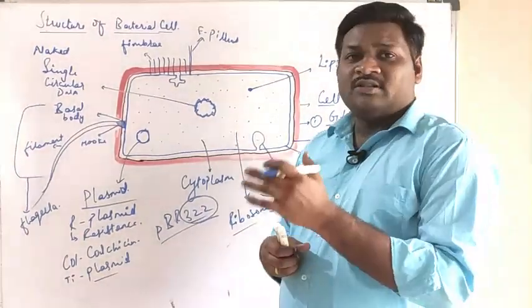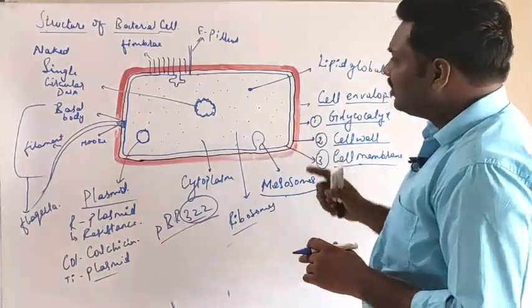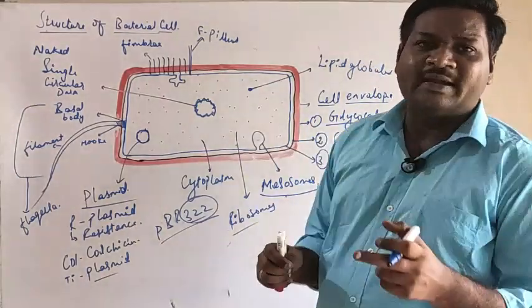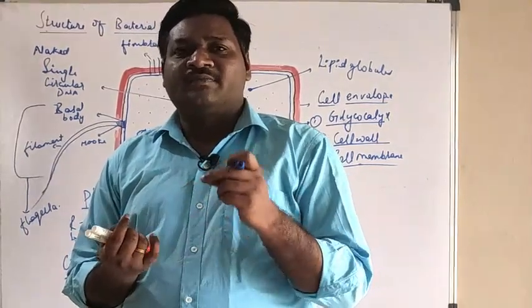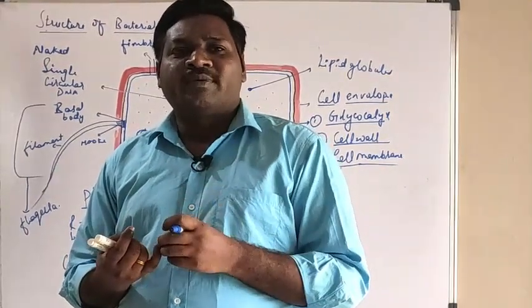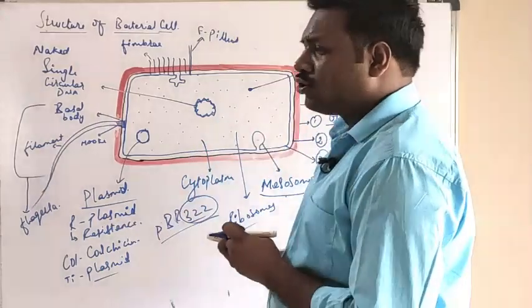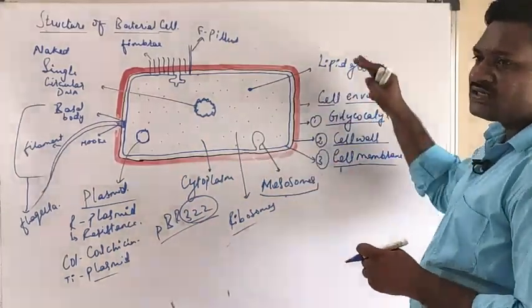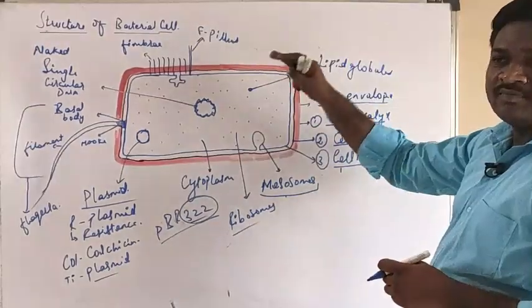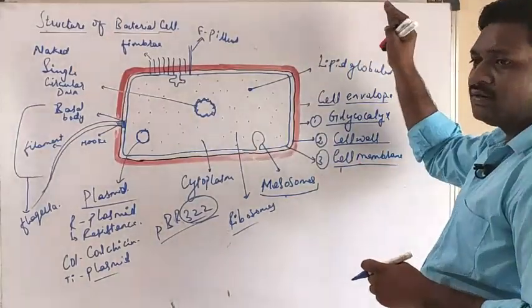Then on the basis of mode of nutrition, the bacteria can be autotrophic or heterotrophic. In autotrophic we have discussed that it can be photoautotrophic or chemoautotrophic. So here you can see the different structures, and on the basis of these structures we can explain the structure of bacteria.